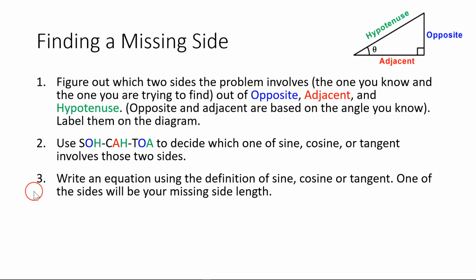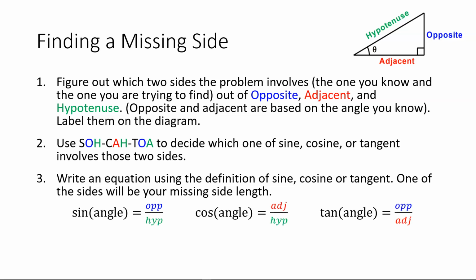The next thing you're going to do is set up an equation. The equation would use the definitions of sine, cosine, and tangent. So you would write something like sine of 23 degrees equals x over 5.7, or cosine of 84.2 degrees equals 10 over x.